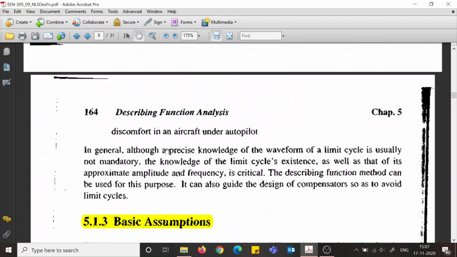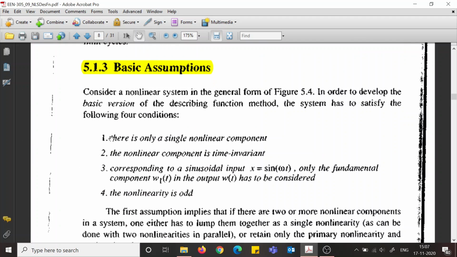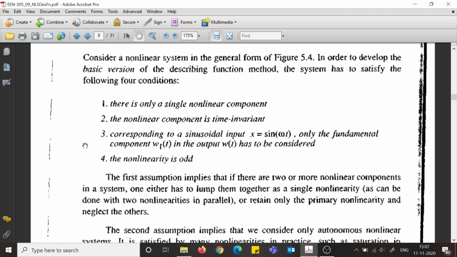So there are some basic assumptions as we go on to formulate the describing function. The assumption is that there is only a single nonlinear element. This means that either there is only a single nonlinear element or all the nonlinear elements in the loop are clubbed together to form a single nonlinear element.